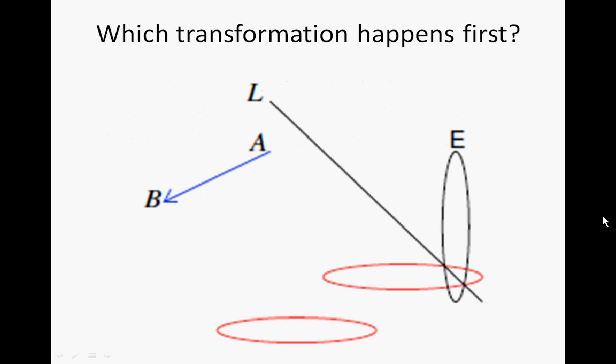So here is our picture. Which transformation happened first? If you're looking at E, you have a line of reflection and you have this vector AB. We have two red ellipses here. What happened first?